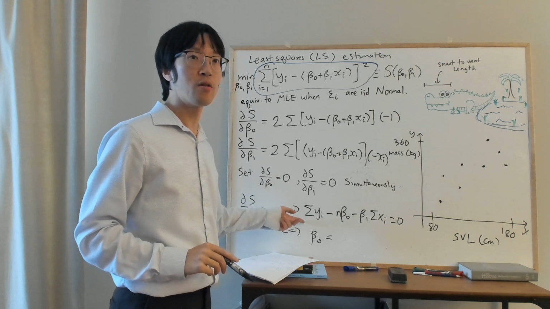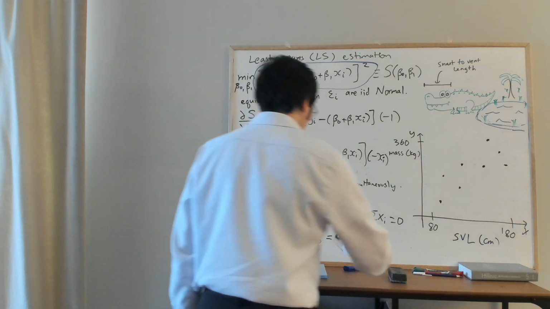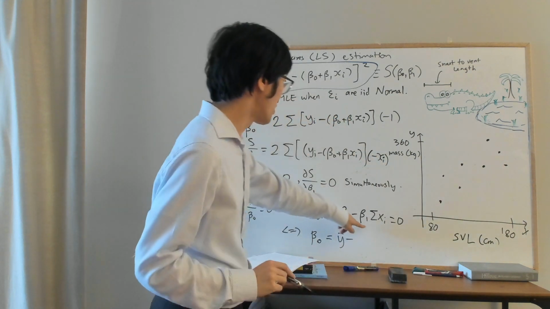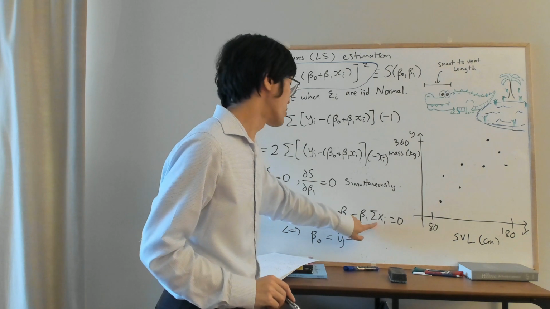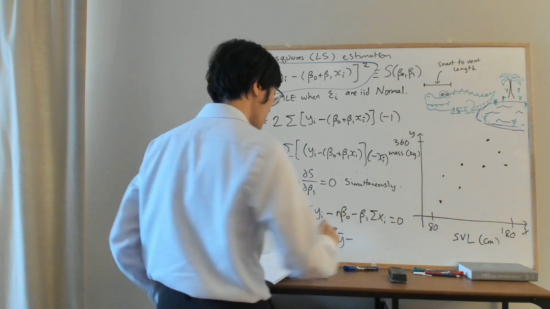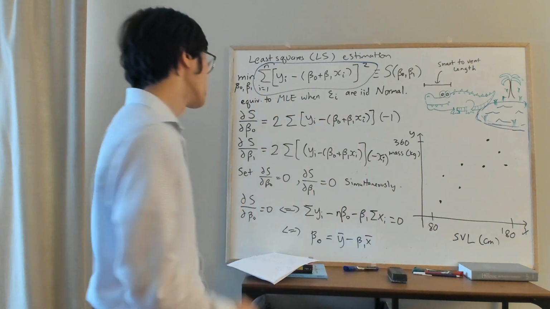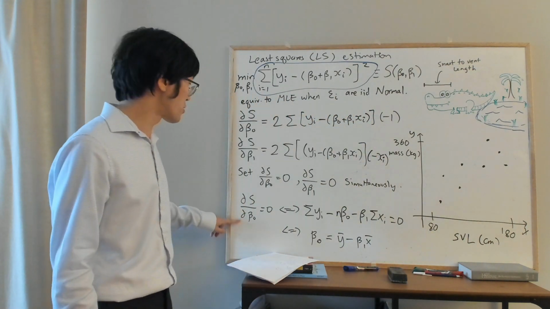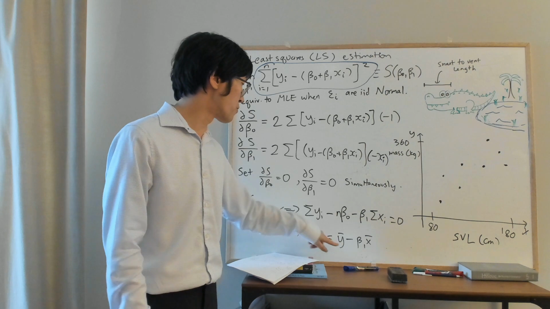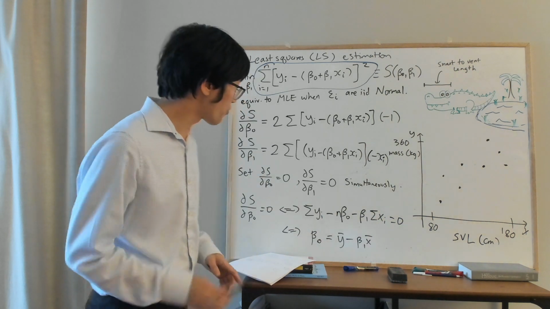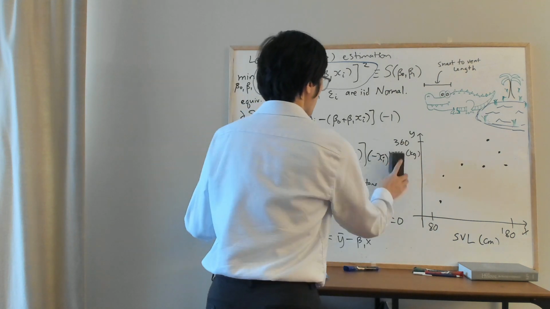Summation yi divided by n, so I can replace that with y bar. And then similarly, when I take beta 1 times summation x and divide by n, that gives me beta 1 x bar. So the first equation gives us beta 0 in terms of beta 1, and also y bar and x bar.